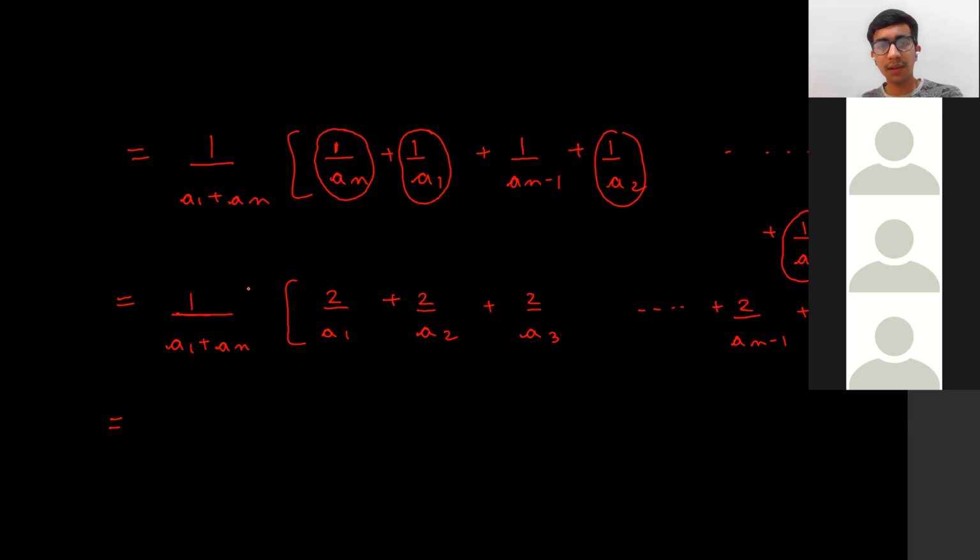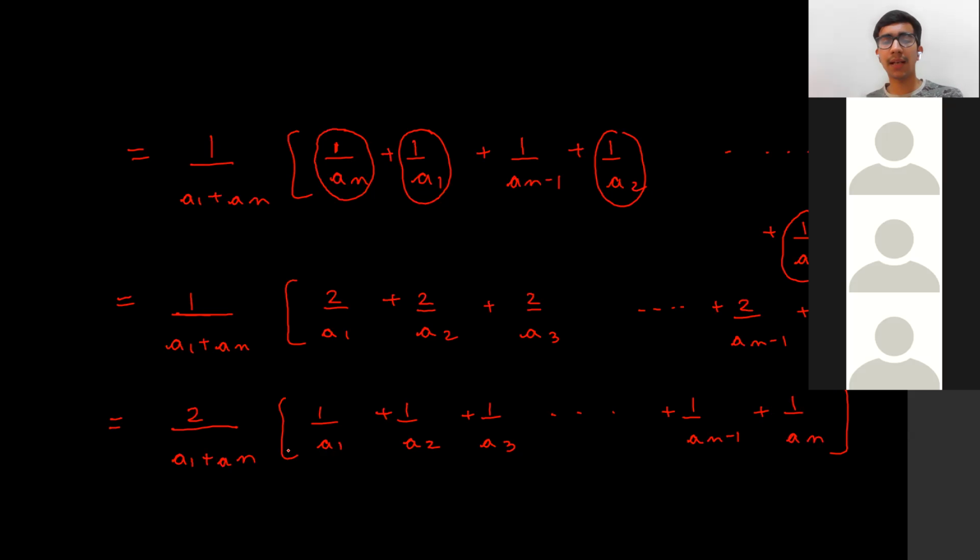Now, since 2 is a common factor in all of the terms, I can take that out and I'll have 2 over a1 plus an times 1 over a1 plus 1 over a2 plus 1 over a3, and so on till 1 over an minus 1 plus 1 over an.